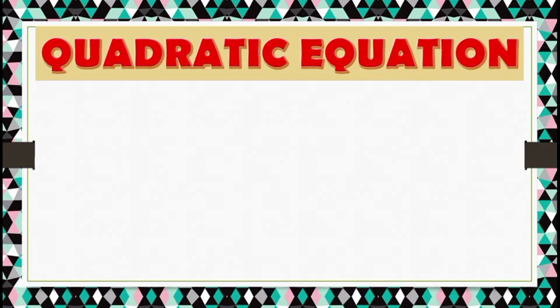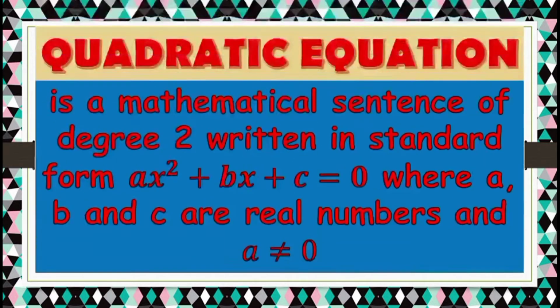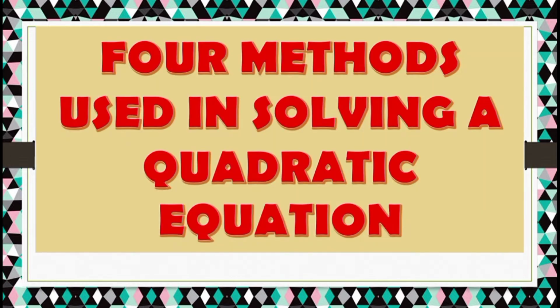In our previous video, we were able to determine and define a quadratic equation as a mathematical sentence of degree 2, written in standard form ax squared plus bx plus c equals 0, where a, b, and c are real numbers and a is not equal to 0. So there are 4 methods used in solving a quadratic equation.